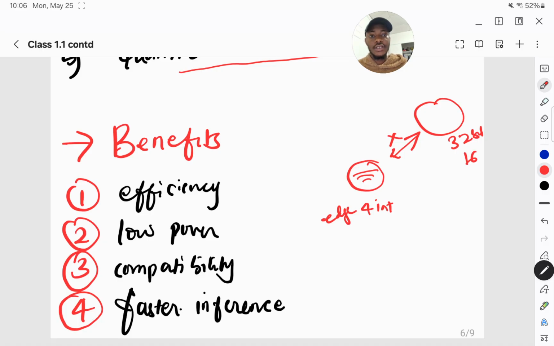So this is the essence of compatibility, and then we have faster inference. Because smart devices that are quantized, using quantization aware training or post-training quantization, would have faster inference. So these are the benefits of quantization within cybersecurity or AI.